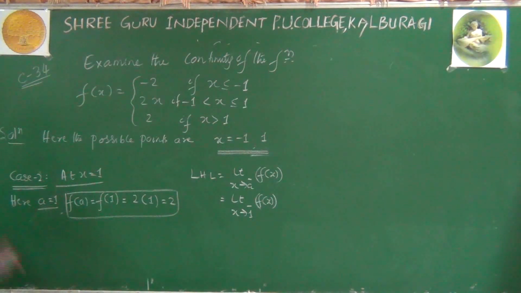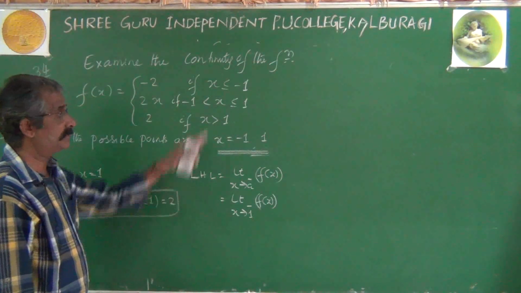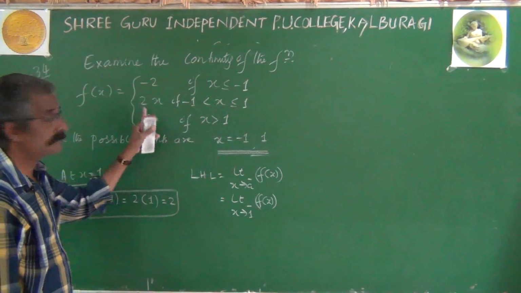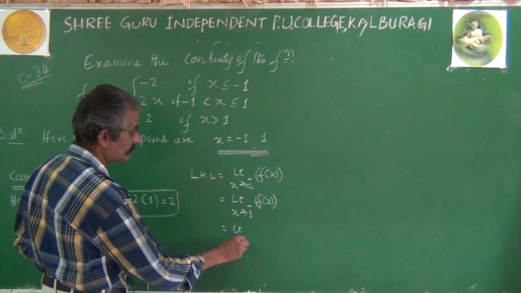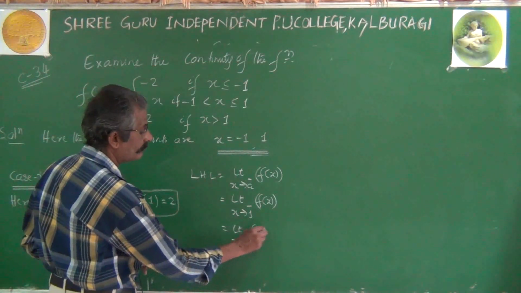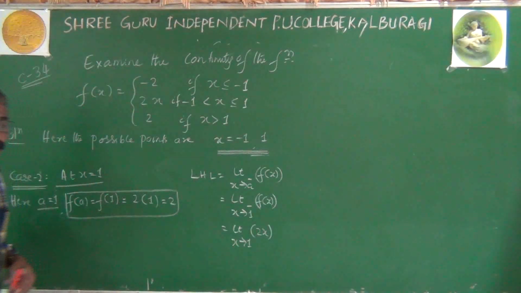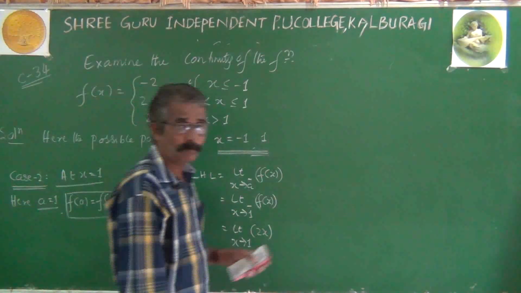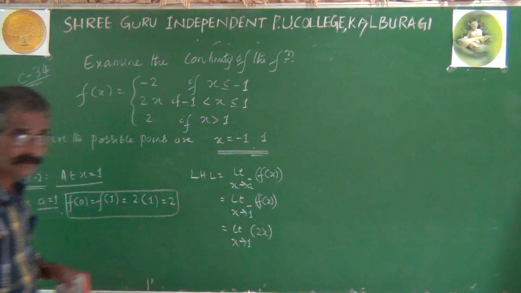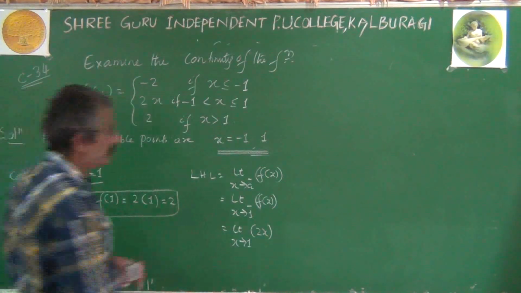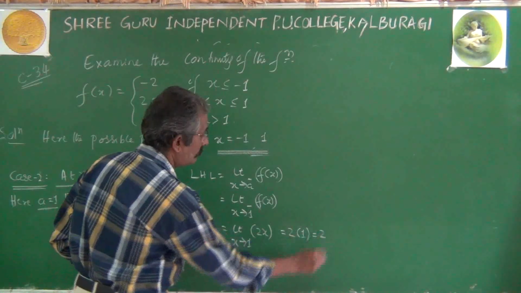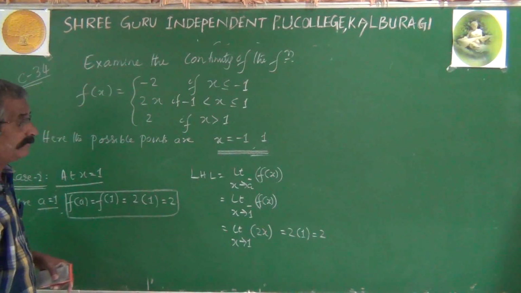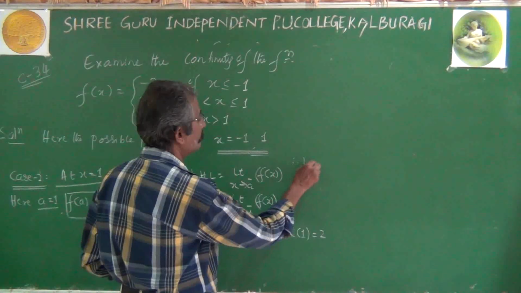One minus means less than 1. When x is less than 1, here we have function value 2x. So limit x tending to 1 of 2x. Replace x by 1 because you will not get 0 by 0 form. That's why we can replace x freely by 1. On replacing x by 1, 2 into 1, that is 2. Hence, left hand limit value is 2.